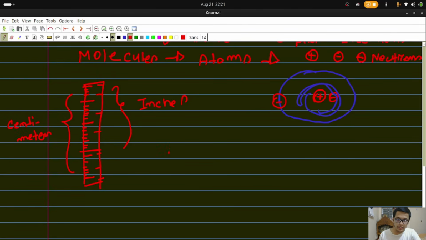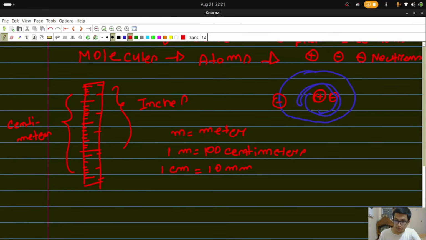And also, 1 meter is equal to 100 centimeters. I wrote m here because as a shortcut we can write m for meter. And then we can also write that 1 centimeter is equal to 10 millimeters. Understand?